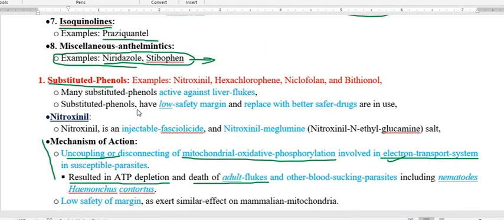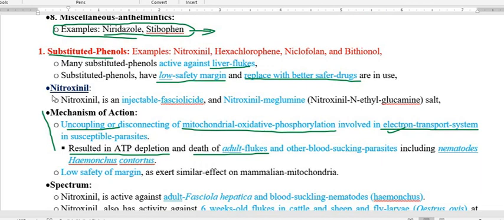Regarding other properties of substituted phenols, as we discussed, they are used for flukes. They are used for liver flukes, but they possess a low margin of safety, and nowadays we also have the choice of better, safer drugs. So the first drug under this is nitroxynil.